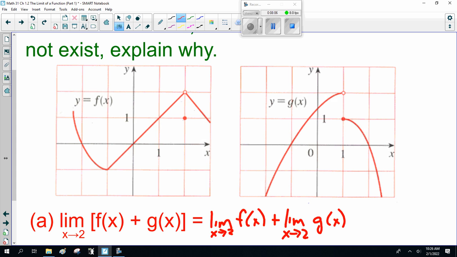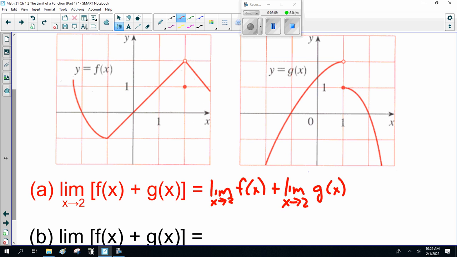As x approaches 2, what is the function equal to? As it approaches, that's 2. Now, as x is 2, g of x is approaching 0.